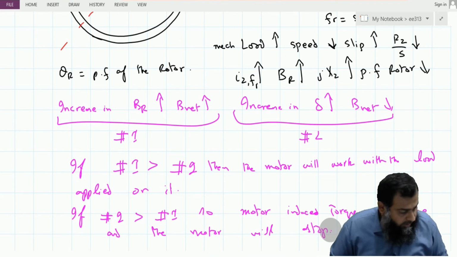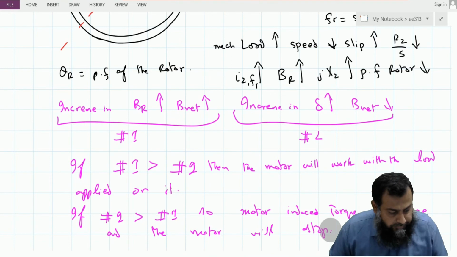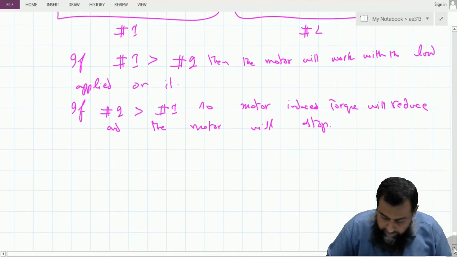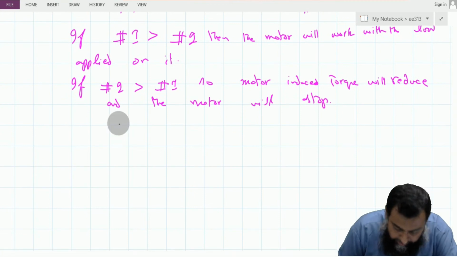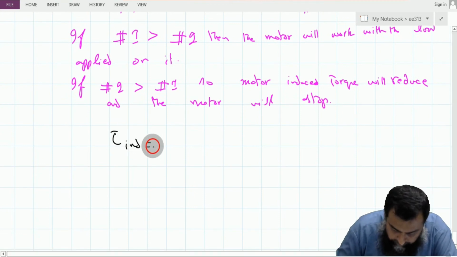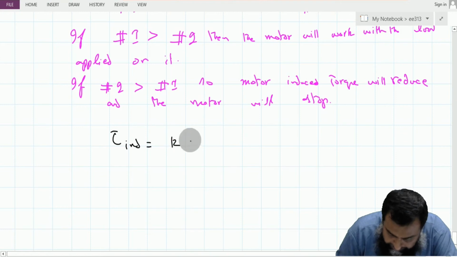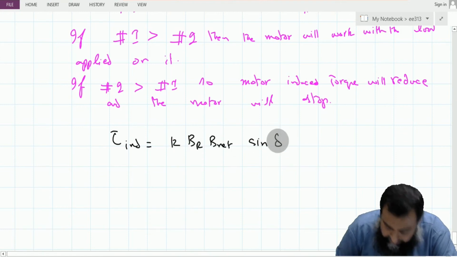Now, based on these few observations, we have concluded that the induced torque in a machine is equal to K B_R B_net sin delta.